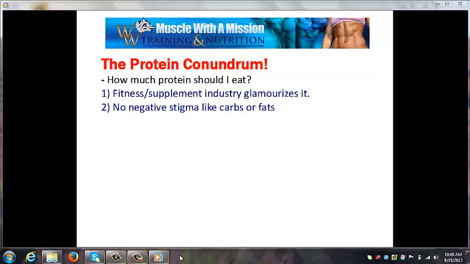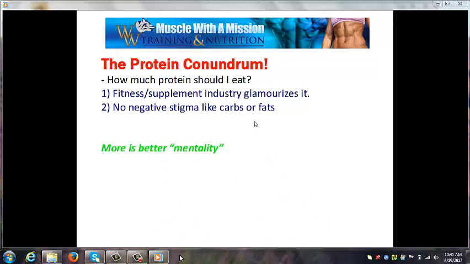Well, you don't ever see supplements for healthy fats or carbs with a sexy little fitness model promoting them. So protein does that though. And in my opinion, carbs and fats are what the success of your diet will hinge on more. So I don't want to get too off topic on that, but notice that protein doesn't have the negative stigma that carbs or fats do in society and the supplement industry.